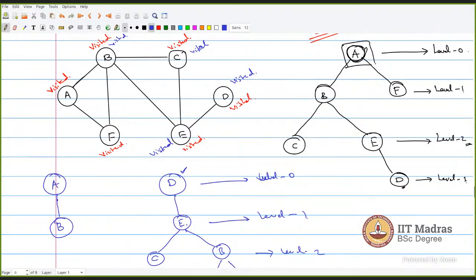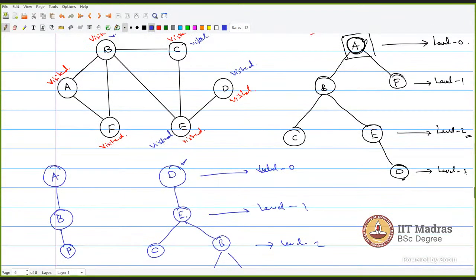You explore one neighbor of A, you pick that neighbor B, and you forget about A. Now from B, you pick another vertex which is not visited. So you can come back to F again.